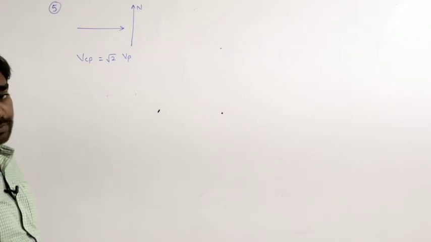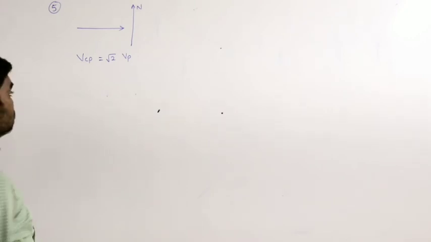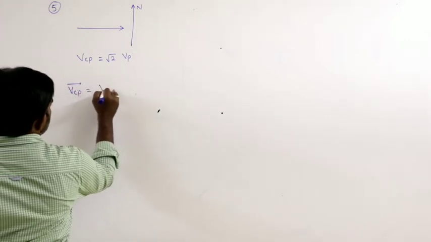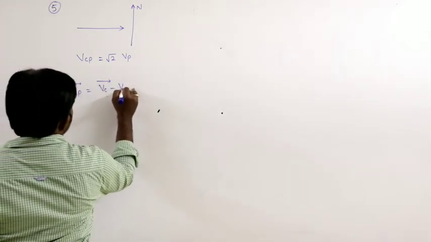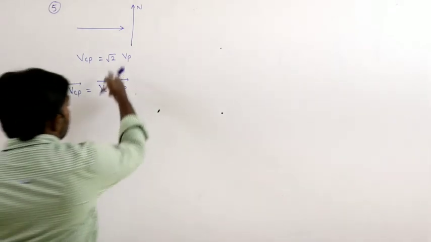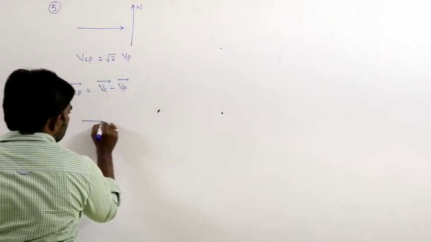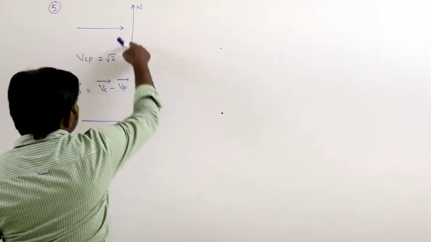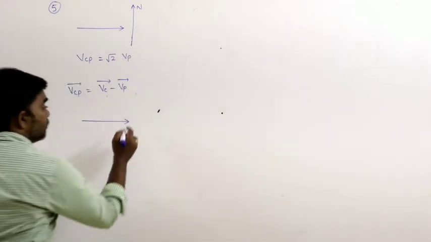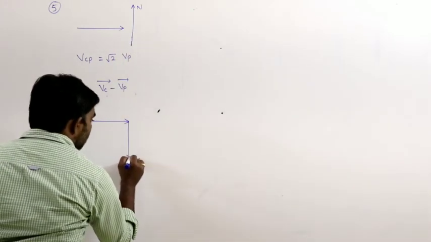What can we write for the velocity of the car with respect to the person? It is the velocity of the car minus the velocity of the person. What is the direction of the velocity of the car? Towards east. But what is the direction of the velocity of the person? Towards north, but minus.